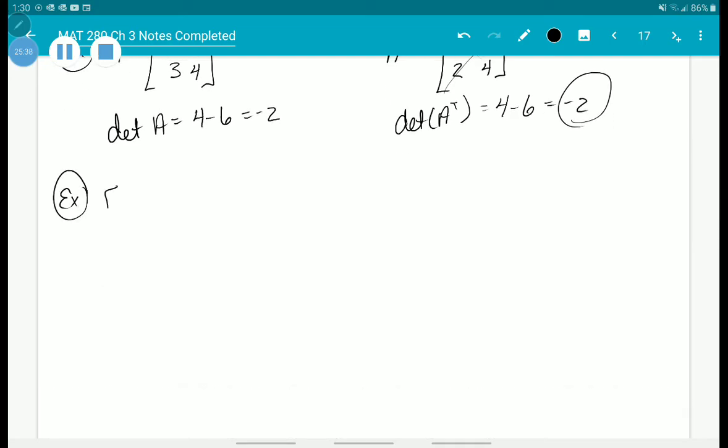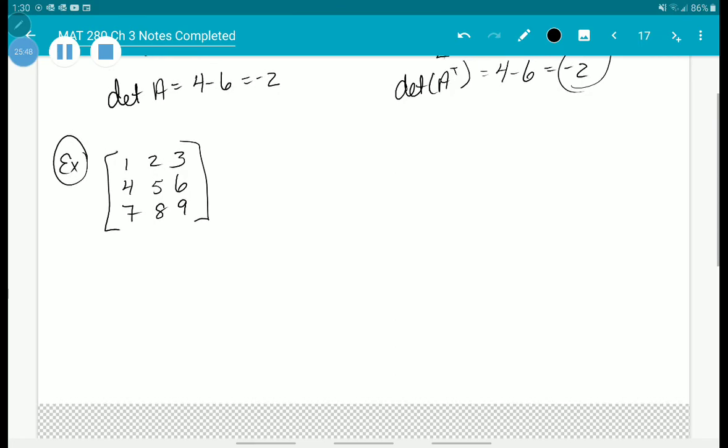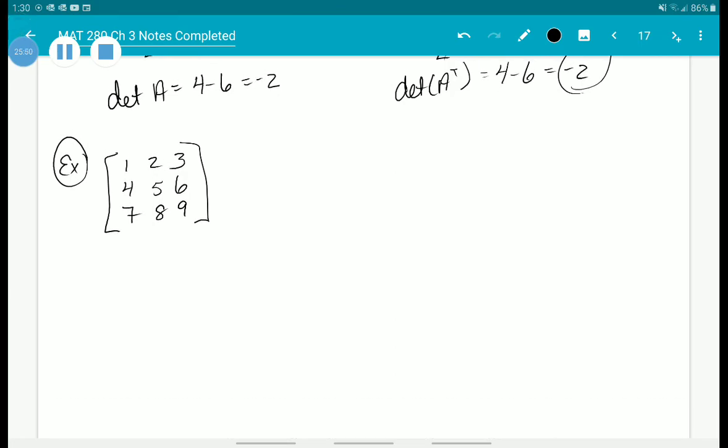Now, if we were to change this to a 3 by 3, and we were to find the determinant of this, I'm going to show it with row expansion. So let's expand along the first row here. I'm going to call this matrix A, by the way.